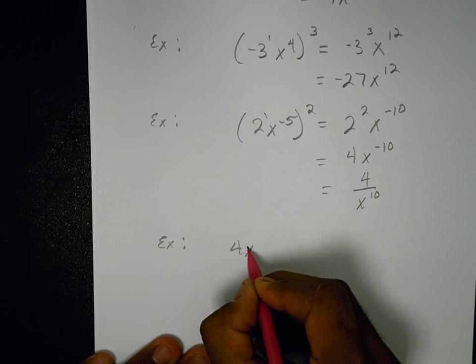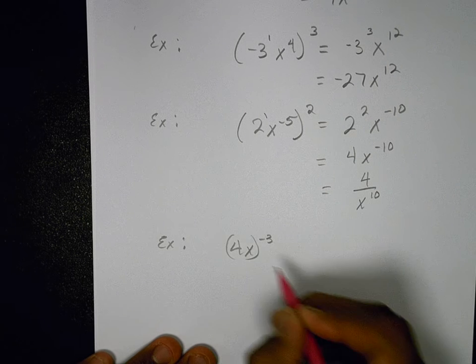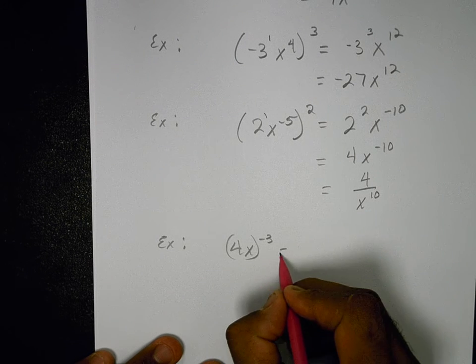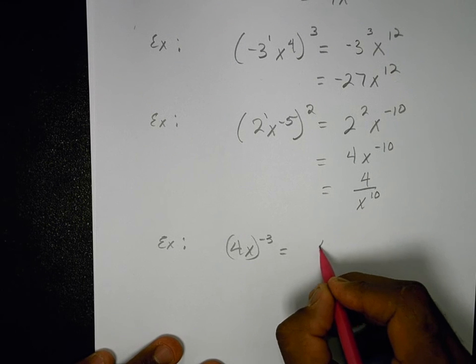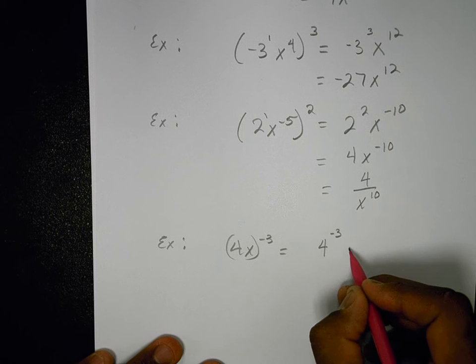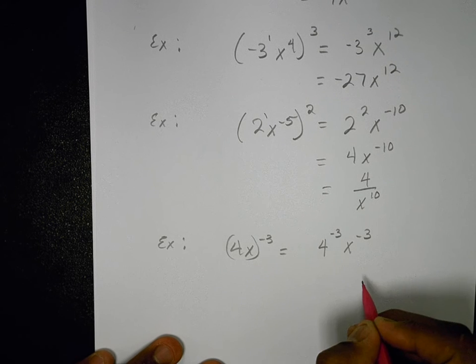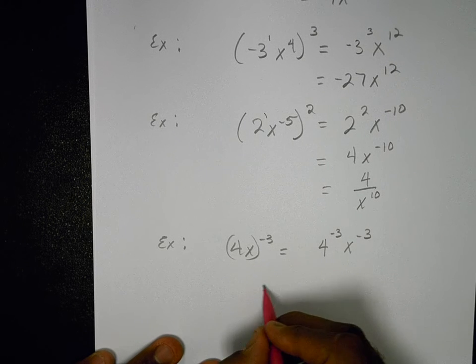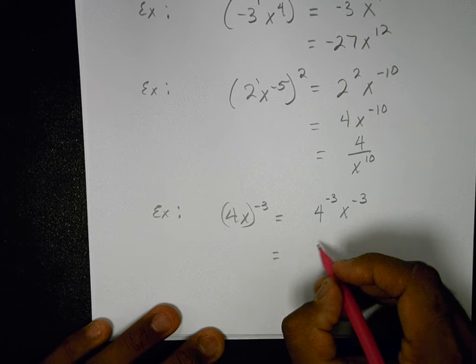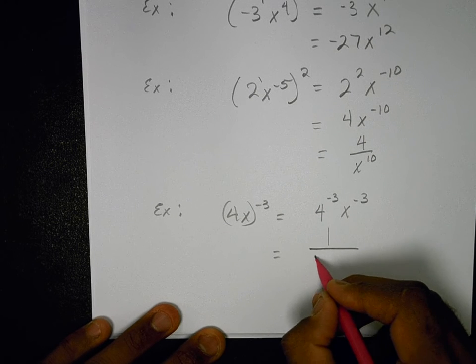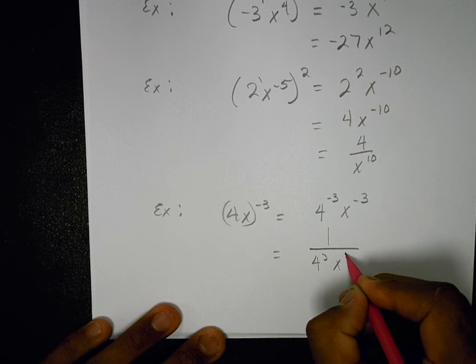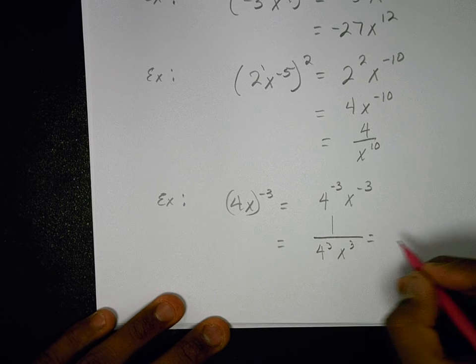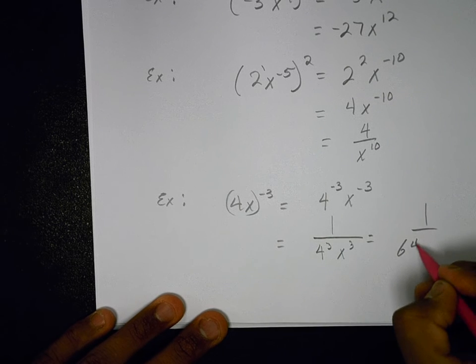So 4x to the negative 3. In this case, it's going to be 4 to the negative 3, x to the negative 3. I'm going to rewrite those with positive exponents. So 4 to the 3rd, x to the 3rd, and that would equal 1 over 64x to the 3rd.